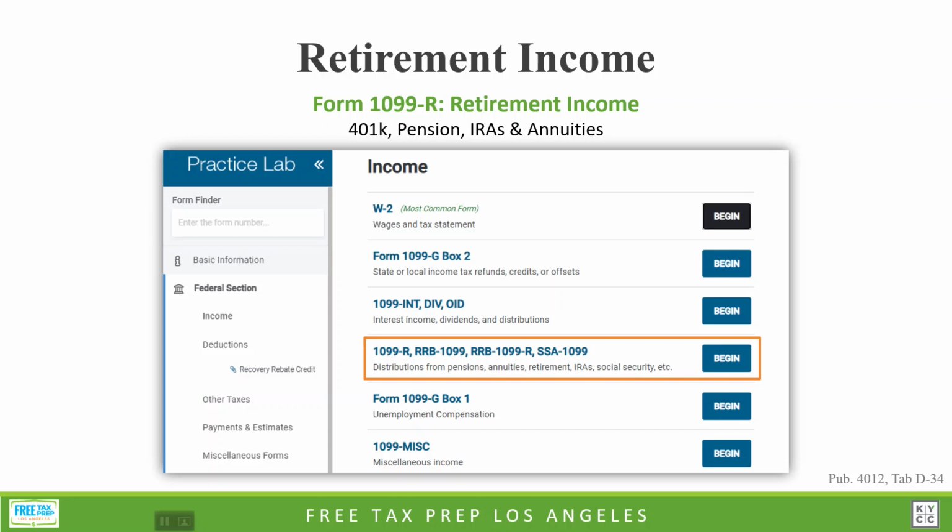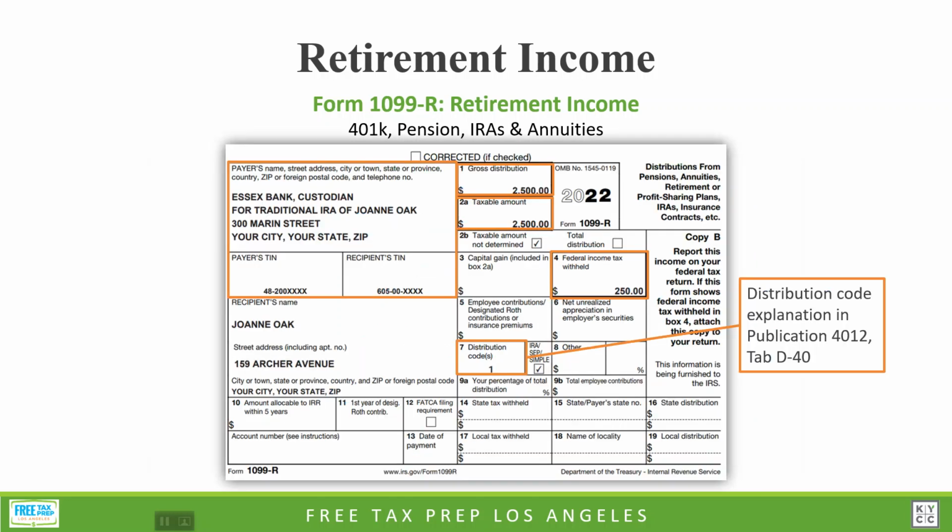On TaxSlayer, you will see the option to enter this type of income. You just click on begin. To show you an example of a 1099-R form, you can see the gross distribution amount on box number 1, any taxable amount on box number 2, and federal income tax withheld on box number 4. It's really important to look at box number 7.